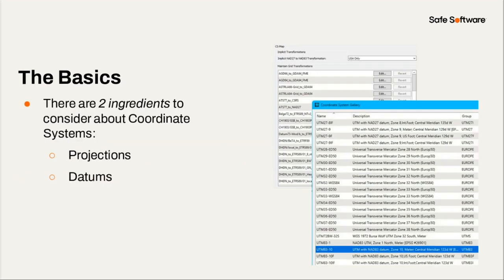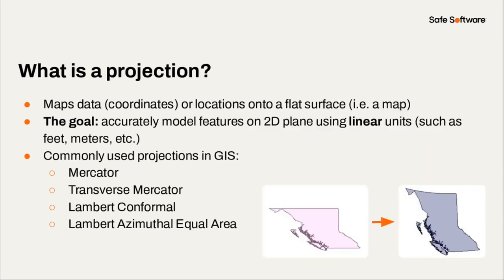All right. So when we're talking about coordinate systems, there's a couple of basics here. We've got our projections and our datums. When we're talking about a projection, when we think about maps and how we view those maps, we're looking at those on a flat 2D surface, whether that's a physical or a digital map. But the Earth is not flat like a map, it's a three-dimensional surface.